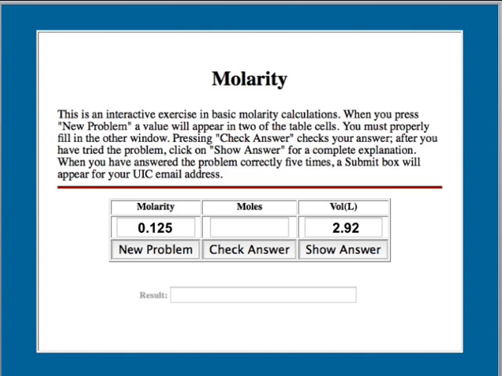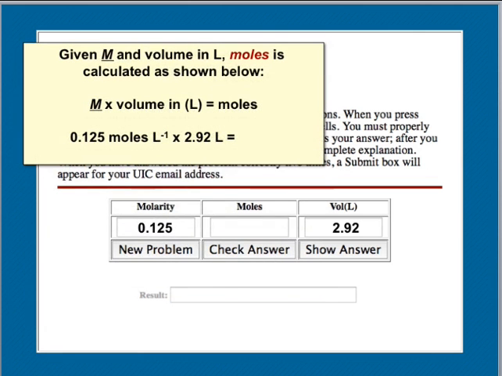So molarity times volume gives you moles. Simply substitute, do your calculation, and we're looking at 0.365 moles.